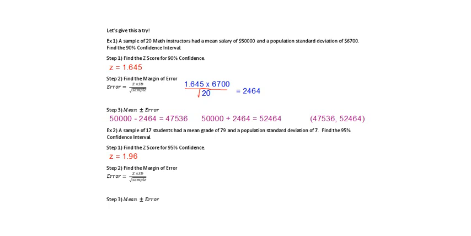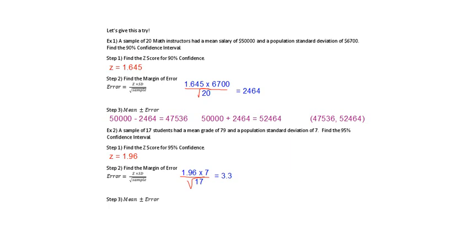All right, next step is to find the error. So the error will be the z-score, which is 1.96, times the standard deviation, 7, divided by the square root of 17. And let me fill in some things. Fraction sign, square root sign. And that is going to equal 3.3.